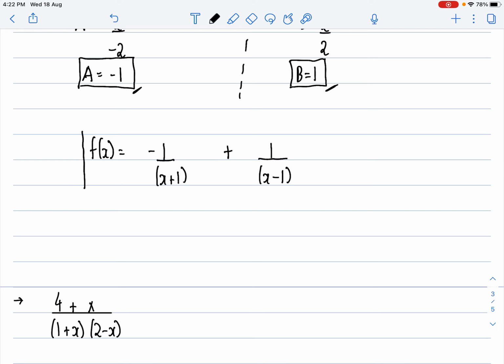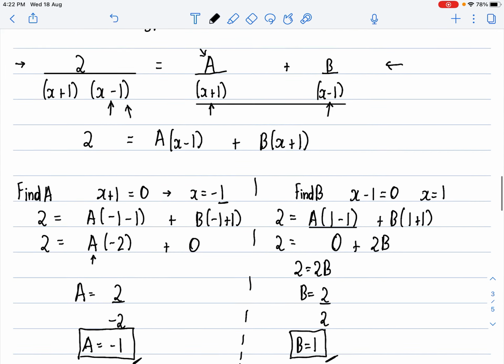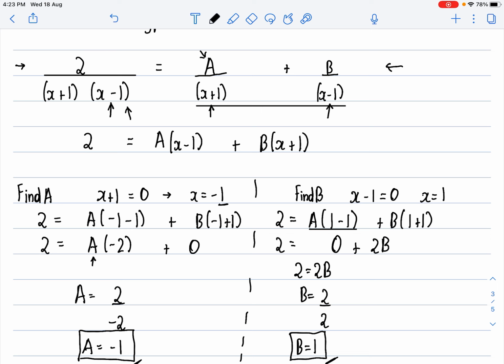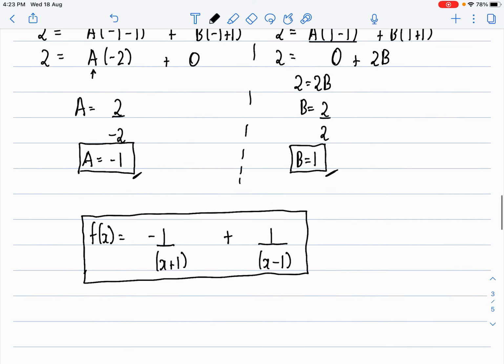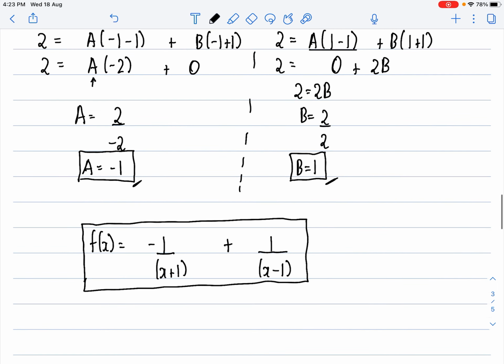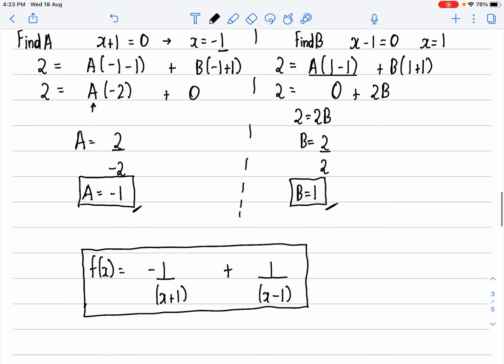So this is basically the form which you have, and you simply substitute a and b. Got it? Understood? This is basically the only concept which you need to know.